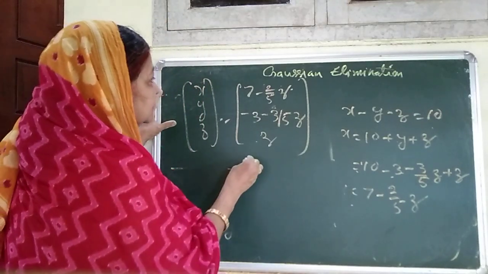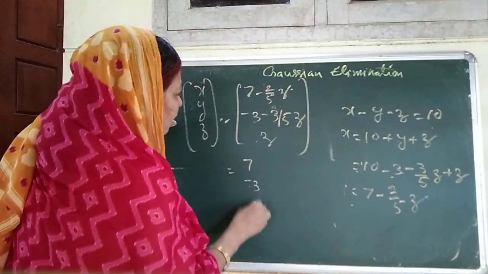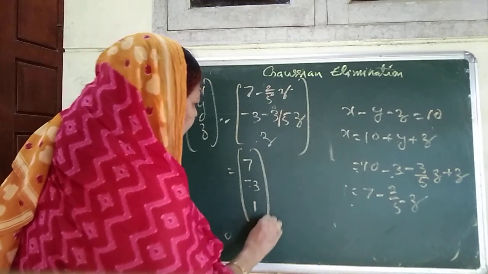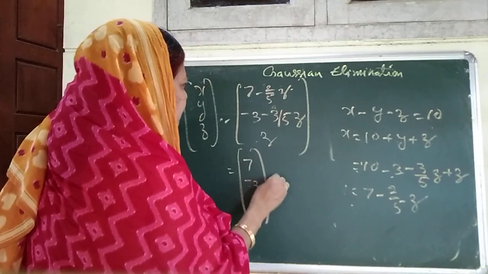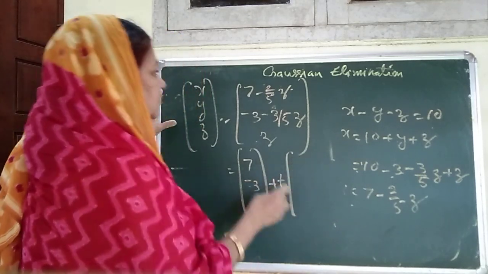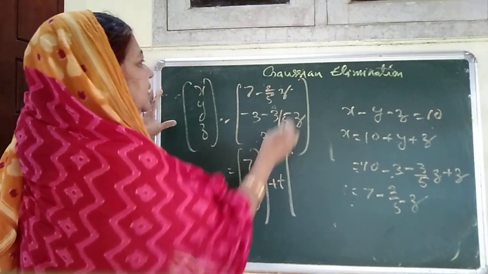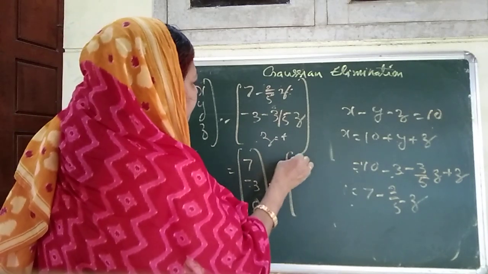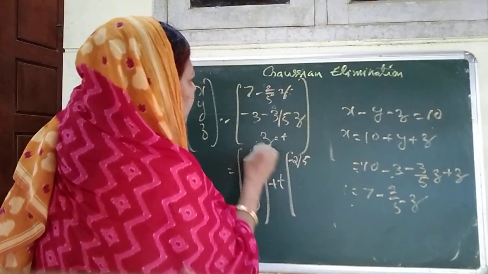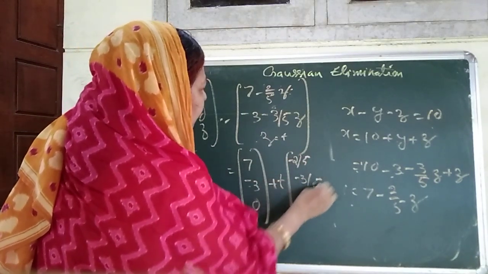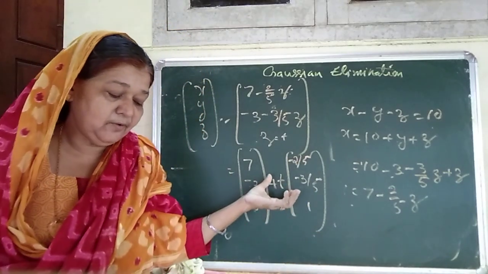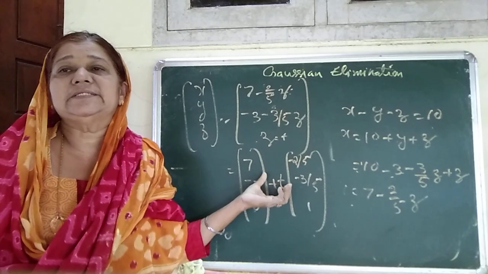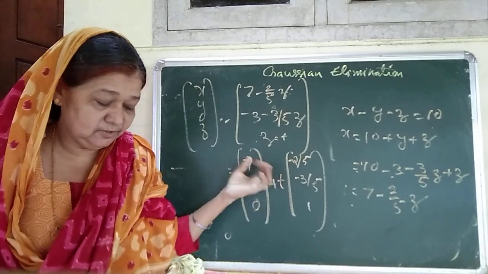Then we get (7, 0, 0) plus t into (minus 2 by 5, minus 3 by 5, 1). For any arbitrary value of t, we can find solutions of the system of inhomogeneous equations.